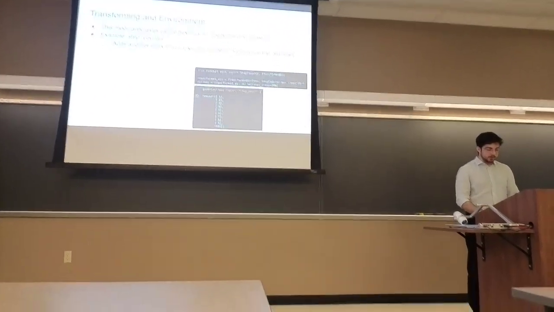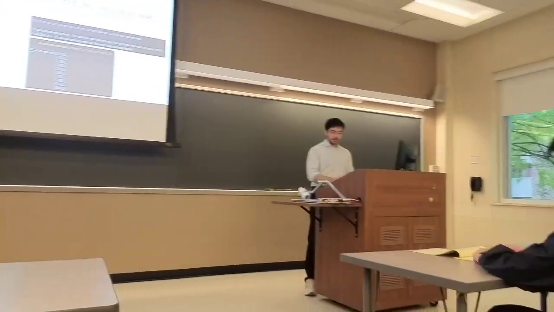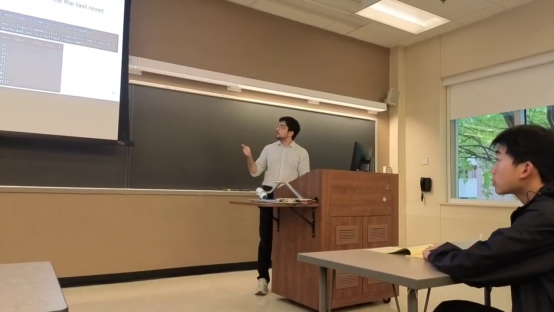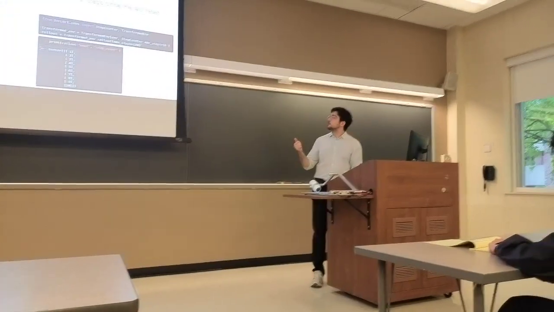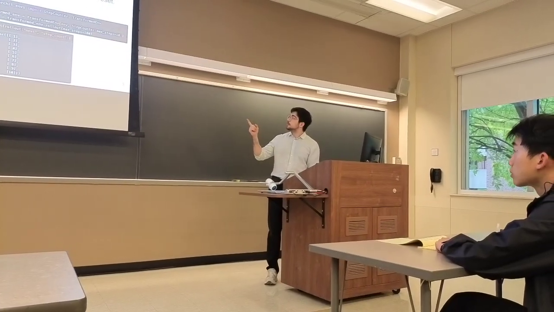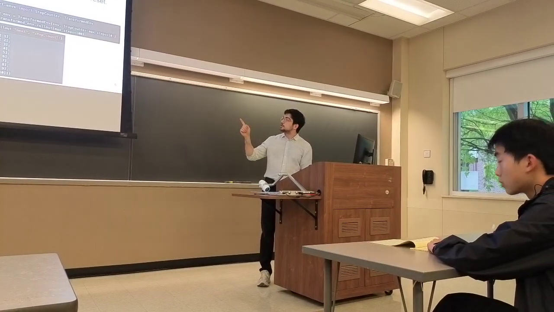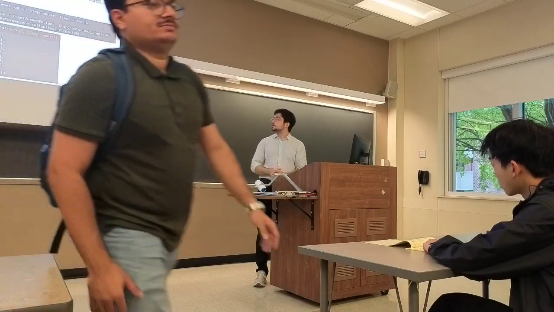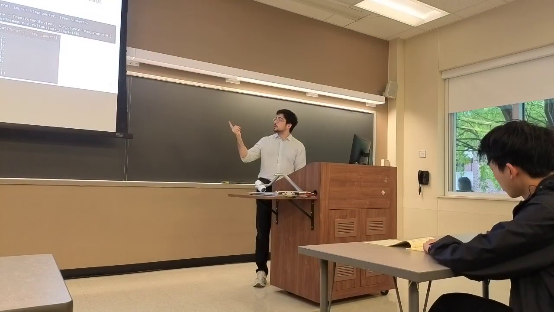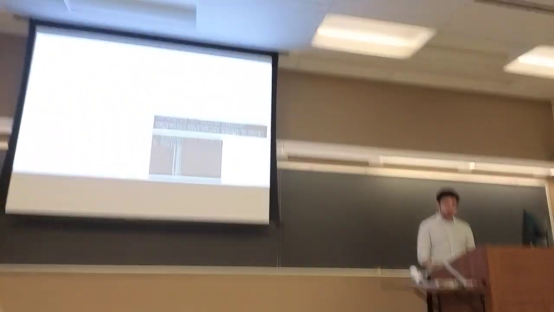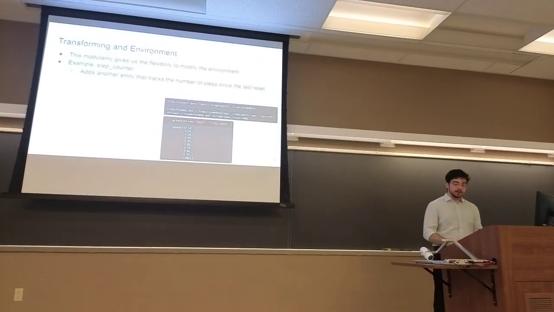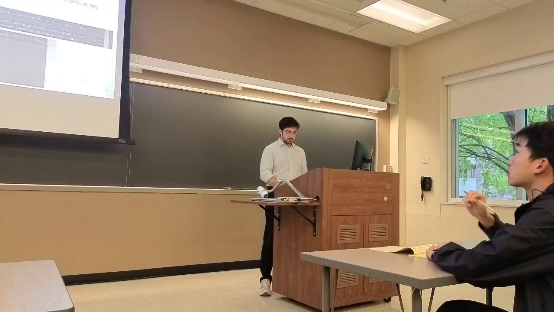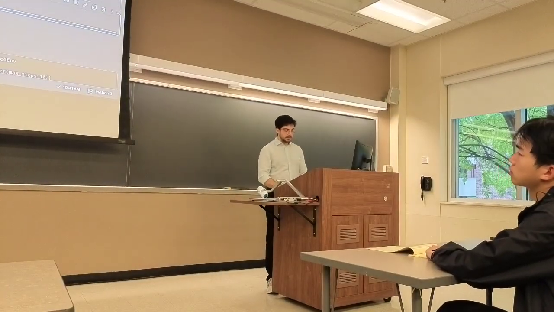If you do the step counter here, we would just need to import it and use a function called TransformedEnv. To TransformedEnv, you can just pass the current environment and the transformation that you want, and it's going to transform it the way that you want, if TorchRL has the option. So let me show you some examples.